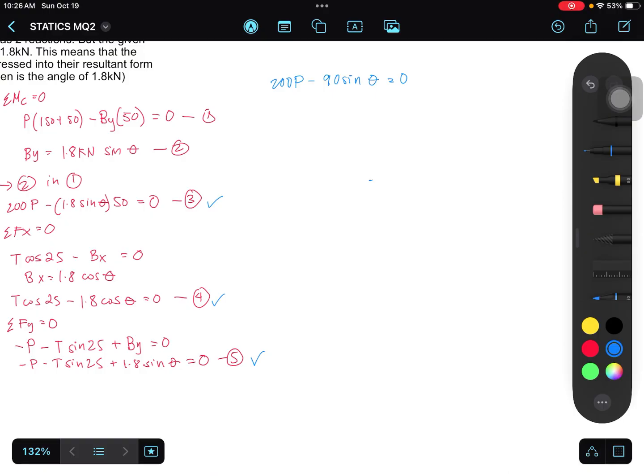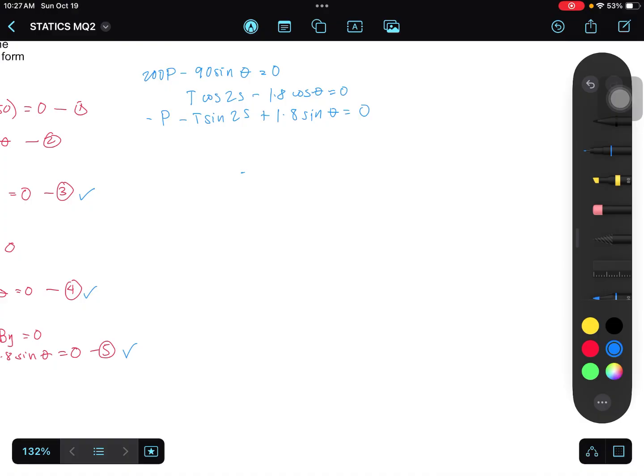It is T cosine 25 minus 1.8 cosine theta equals 0. Then equation 5: negative P, negative T sine 25 plus 1.8 sine theta. So, anong maganda para ma-solve tong equation na to?